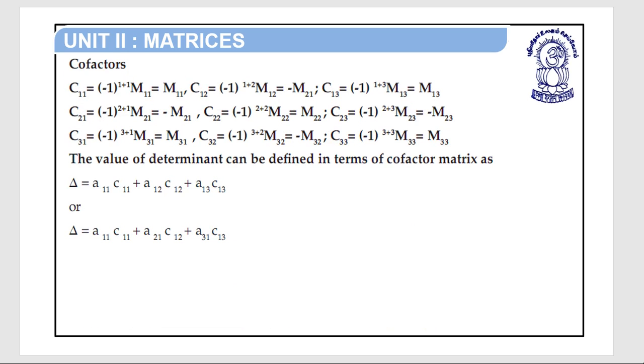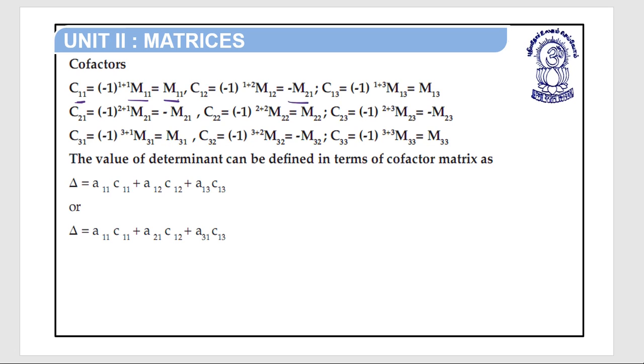Next, cofactors. For cofactor C11, minus 1 raised to 1 plus 1, because here it is 1 1, so 1 plus 1 is 2, so positive M11.